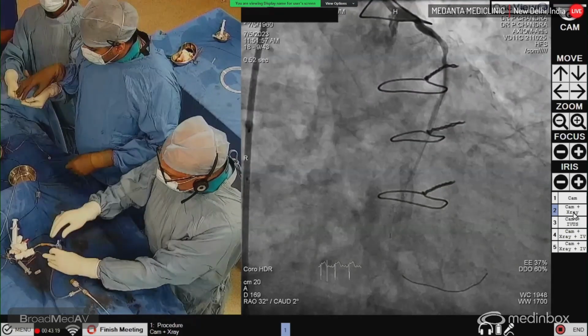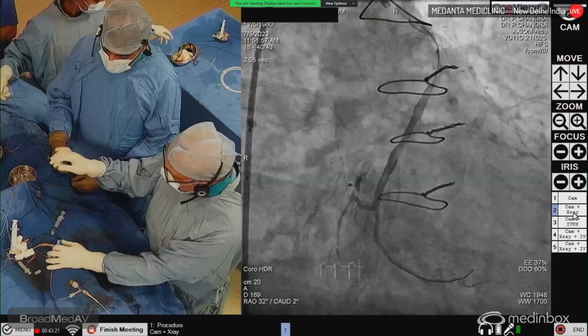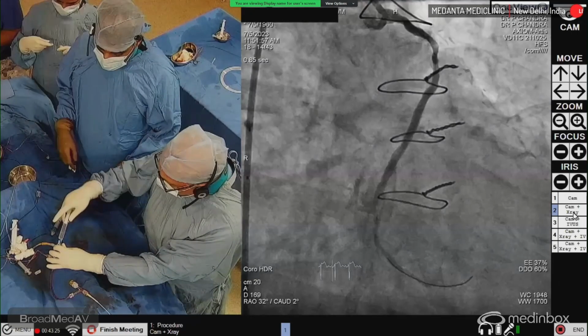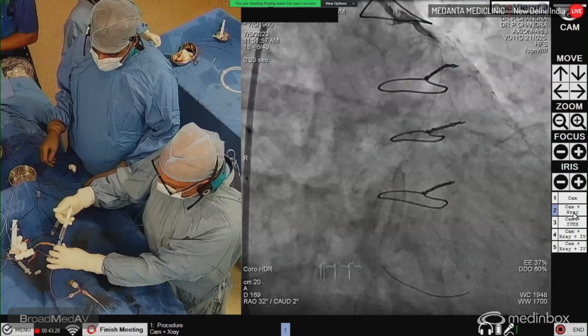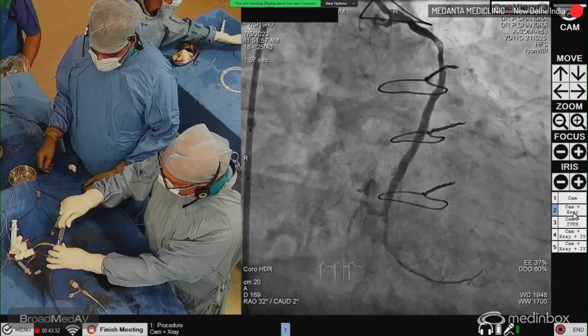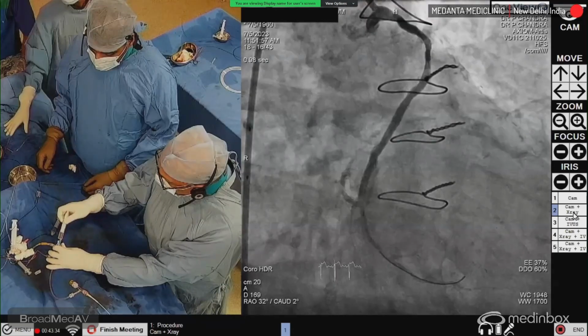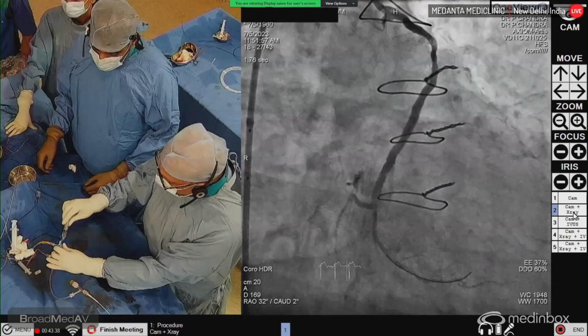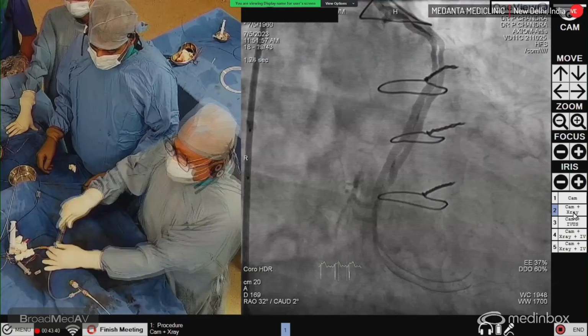We use liberal Nicorandil because Nicorandil gives a lot of vasodilatation to those small capillaries. And interestingly, you saw that even if there was ulceration, degeneration, some thrombus, there was no incidence of slow flow in both these vein grafts.